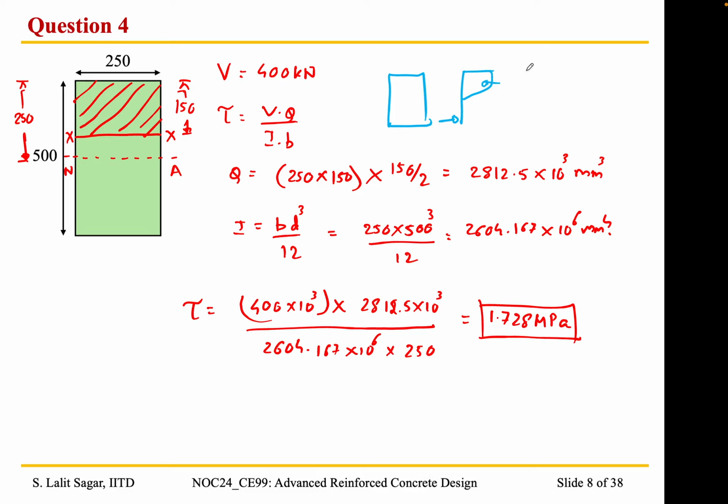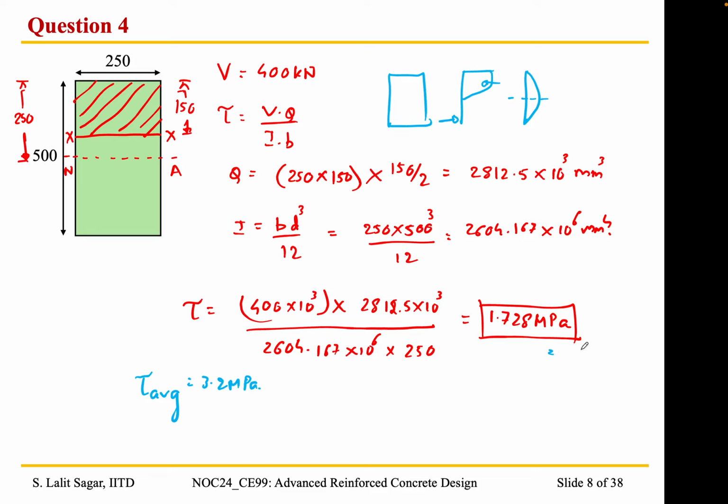But if you consider the shear stress, it shows a parabolic variation. Corresponding to the entire cross section, we got tau average as 3.2 MPa, but if we consider this section XX, the value is 1.728 MPa.